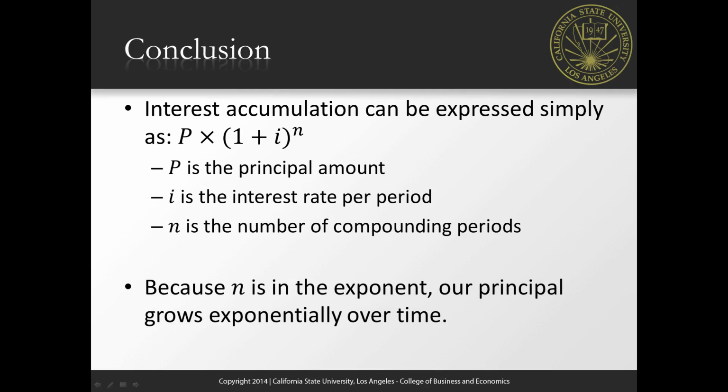Because n is the exponent, our principal grows exponentially over time. And that was why when we looked at the various charts of 10% per year compounding, we saw that in the later years, as we moved further forward in time, the account value became larger and larger.